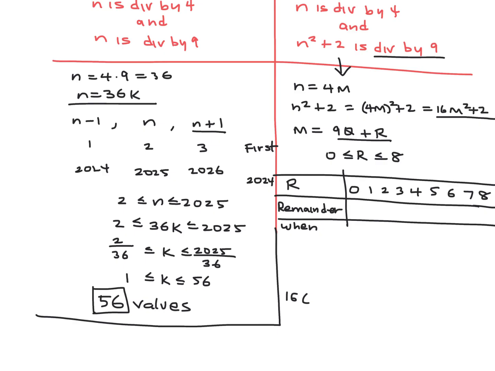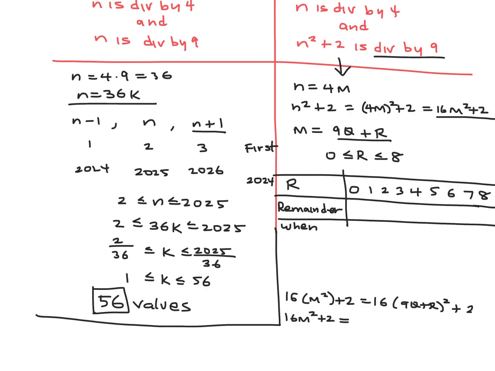So we're going to plug in 16m squared plus 2. So 16m is 9q plus r squared plus the 2.